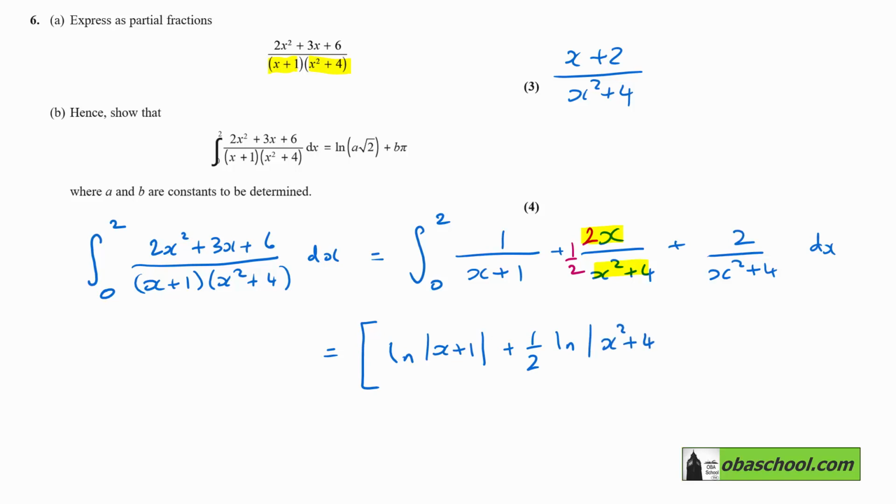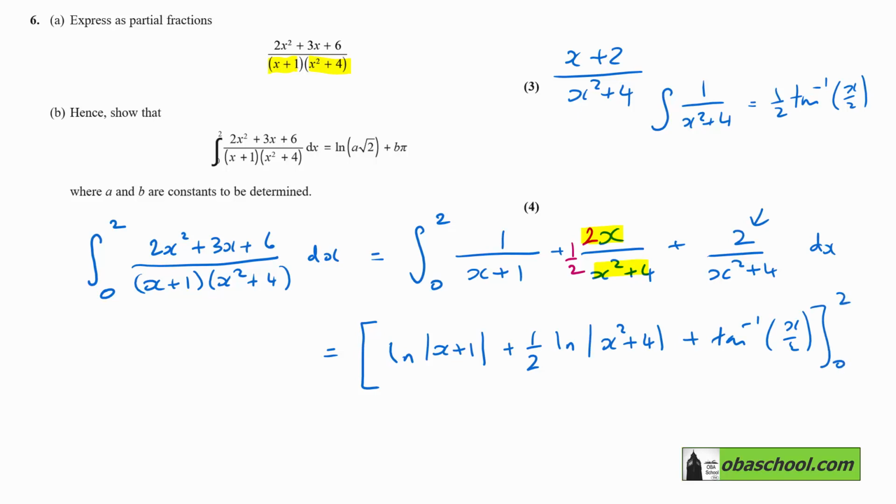We don't really need the mod there because x squared plus 4 must be positive. And then this one over here, if you integrate 1 over x squared plus 4, that becomes a half the inverse tan of x over 2. So with the 2 here, we're just going to get the inverse tan of x over 2, and that is from 0 to 2.